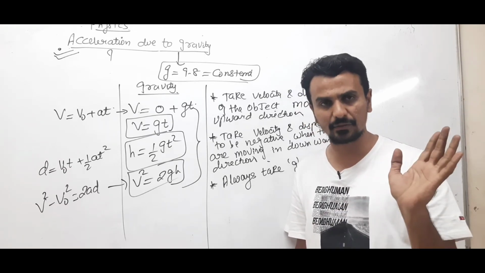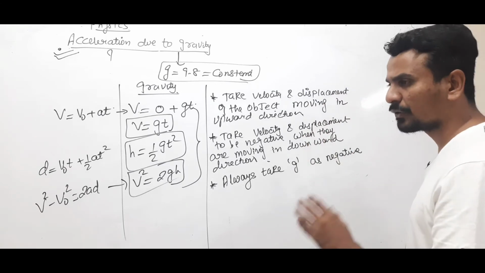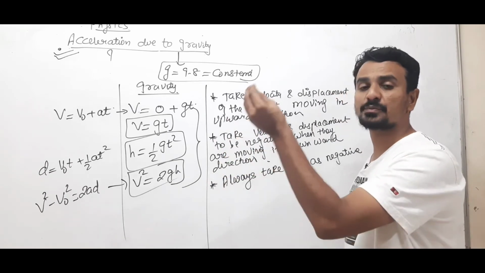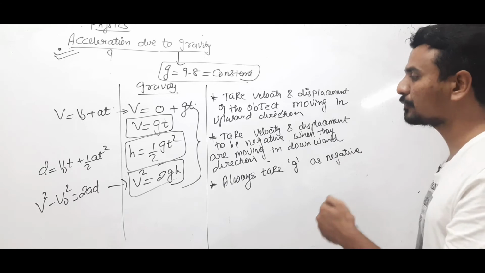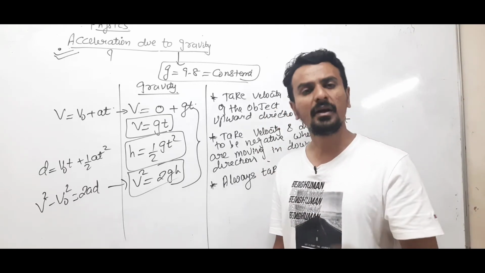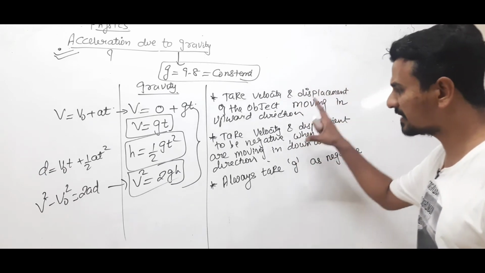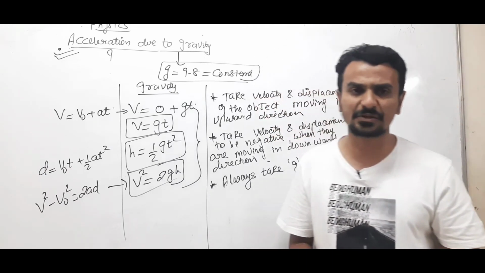Once again, you have to take both velocity and displacement positive if the object is moving in upward direction. Take velocity and displacement to be negative when they are moving in downward direction. Always take g as negative. These are the three simple rules to be followed while solving questions based on gravity.